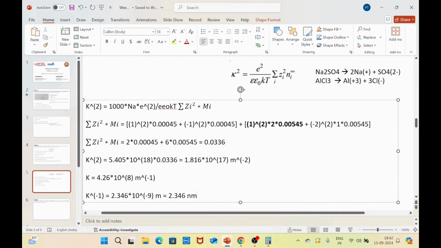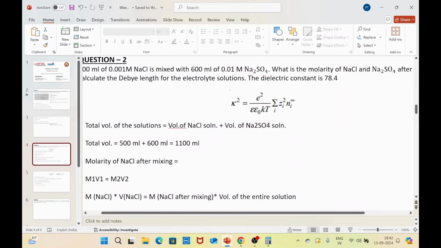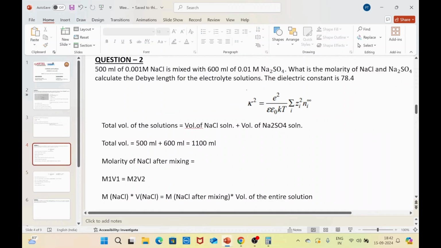Take this as an exercise: calculate the Debye length for the pure solution, that is 500 ml of 0.1 molar NaCl.